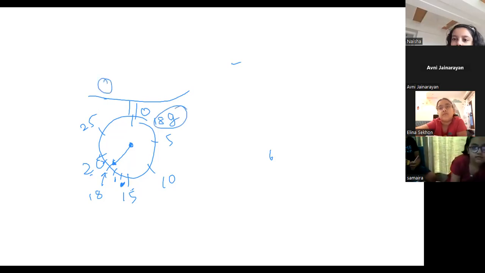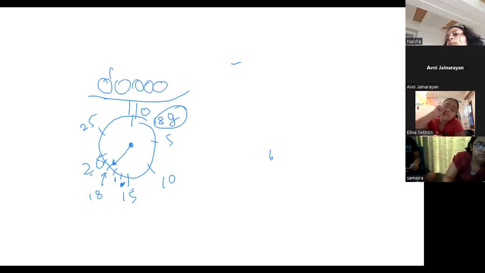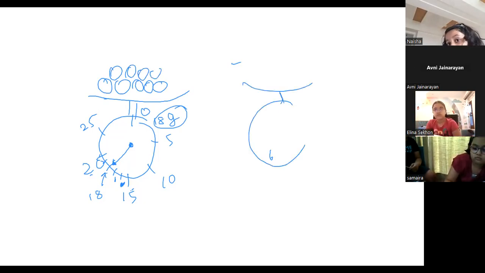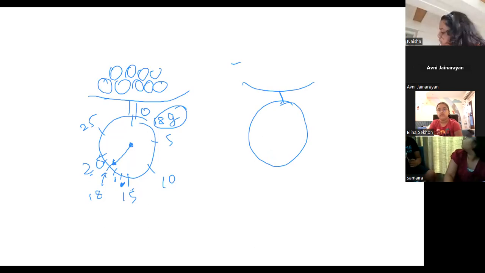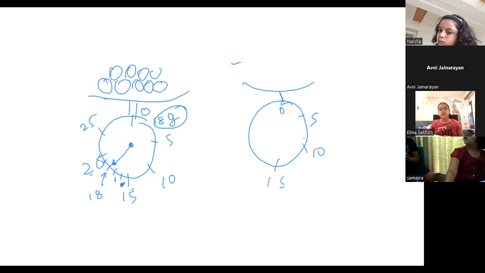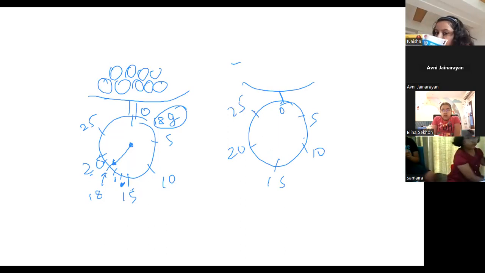Okay, now I'm keeping the objects here. I have 5 objects in the bottom and 4 on the top. I drew another weighing machine here. Okay. And it has the same scale, 0, 5, 10, 15, 20, and 25. Okay.